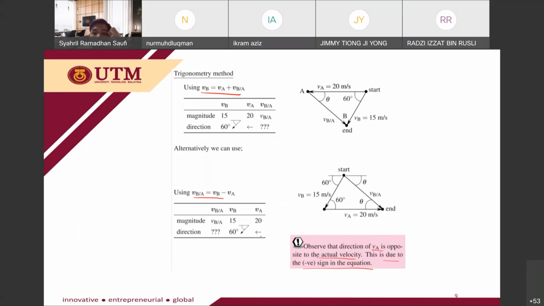From the question, the velocity is actually to the left, but when you draw the trigonometry triangle, the VA is to the right, due to this negative sign in the equation. So I suggest to all of you just use the positive form equation here, so that you can directly use all the direction provided in the question.